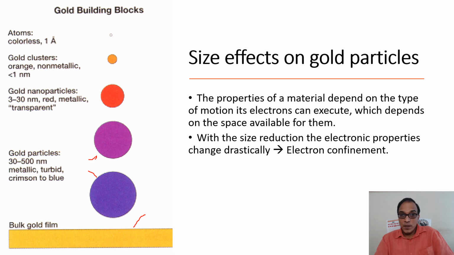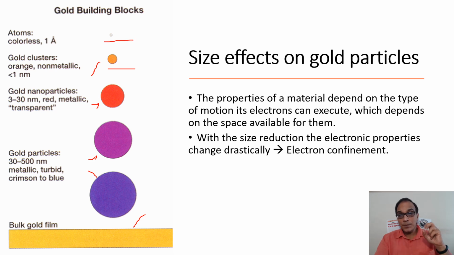Now, when we decrease the particle size to 3 to 30 nanometer, the color of the same gold is now red and metallic transparent. If you go to the 1 nanometer scale, the gold cluster will look orange and non-metallic, while at the angstrom level it will be colorless. At 1 angstrom level it is colorless.